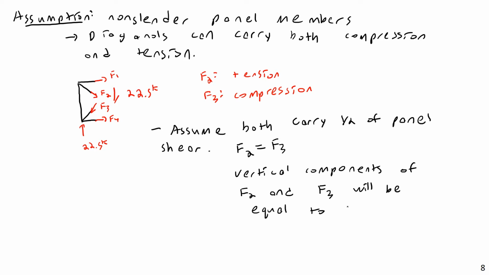Maybe it would be good to work through a numerical example of total panel shear. So let's try working through a numerical example. Let's make this a fairly simple truss, and let's just go ahead and provide some numbers on this.